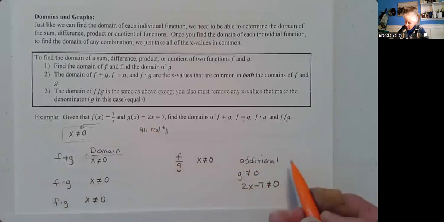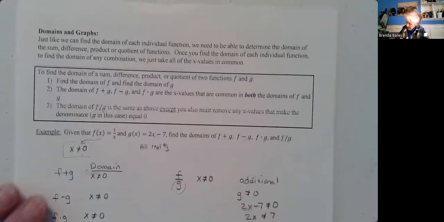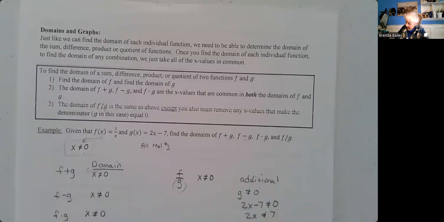You take whatever the denominator is, know that it cannot be 0, and solve it. Divide by 2, x cannot be 7/2. So x cannot equal 0, and they may have you use a comma, x cannot equal 7/2.